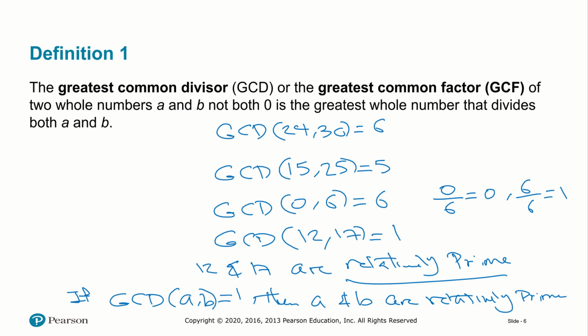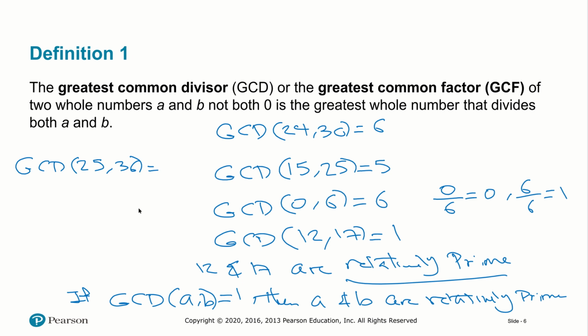Now, be very careful not to fall in the error that one of them has to be prime. No, for example, consider the GCD of 25 and 36. Notice neither 25 nor 36 are prime numbers. Why? Because we know 5 goes into 25, for example, which is a number other than 1 and itself.